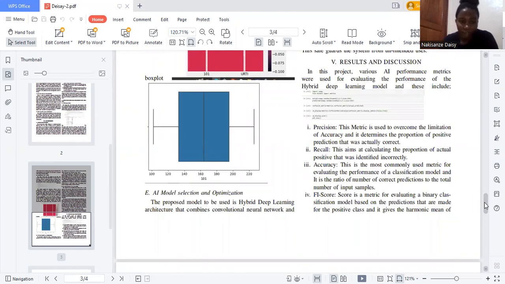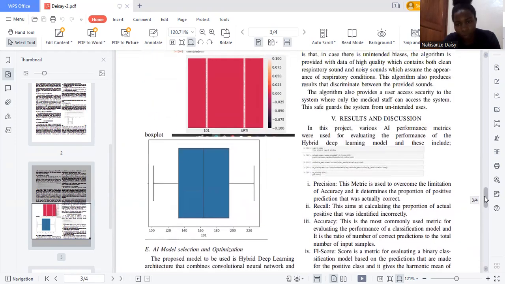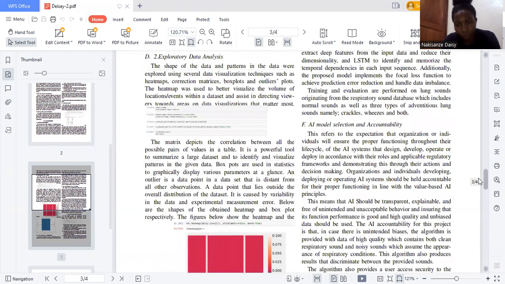Under the methodology again, I have model selection and optimization, where I explained the model that I used in this project. I also explained the AI model selection and accountability for the project, as you can see.